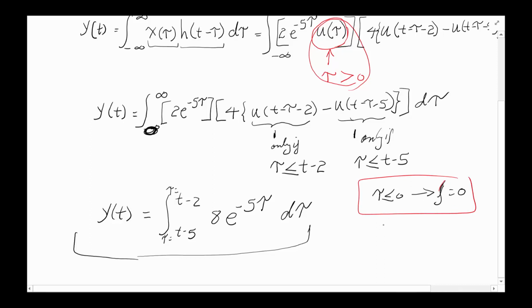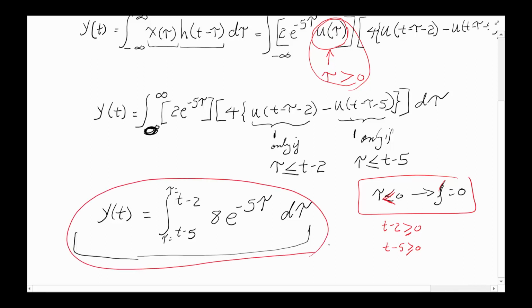That basically tells us that t minus 2 must be larger than or equal to 0, and also t minus 5 must be larger than or equal to 0. Those are the conditions you have to keep in mind when you're using y of t.